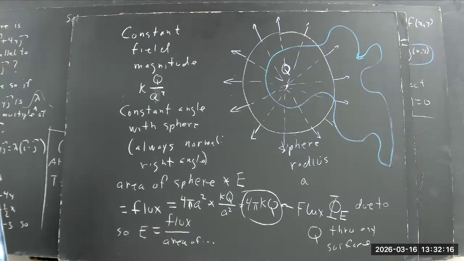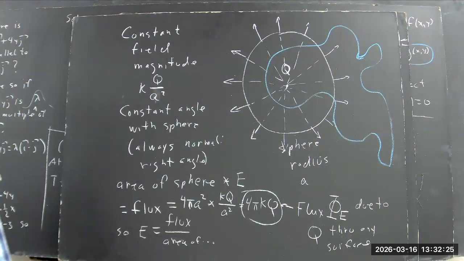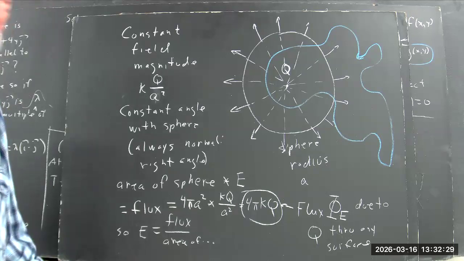If the charge is outside, the flux is zero, because what goes in ends up going out. It's a little more complicated than what I said. You might want to think about it.